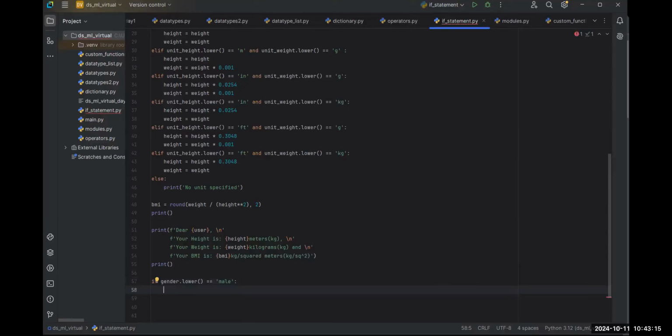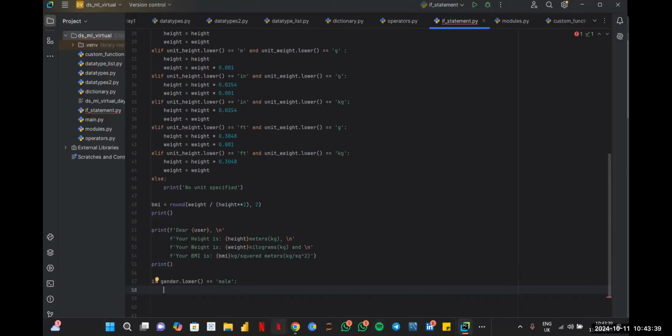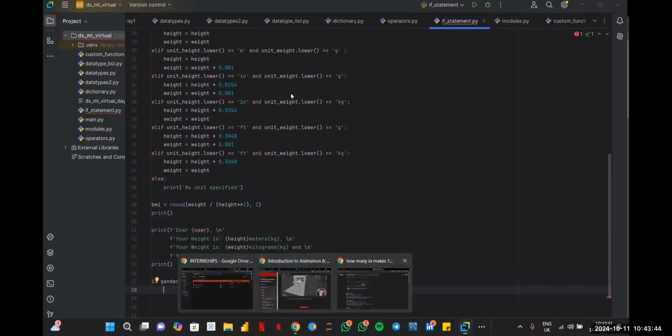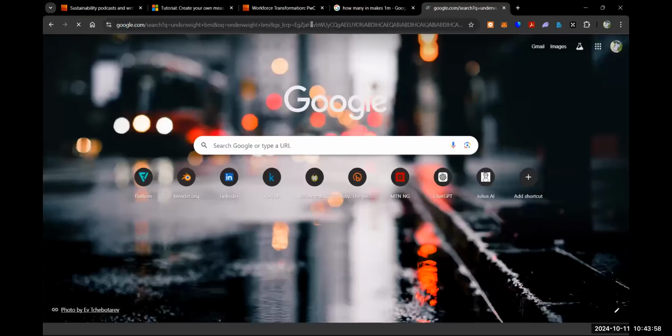Now, let's go online and check the BMI for underweight, BMI for normal weight, and BMI for overweight. Let's quickly do that. BMI, let's see the range.